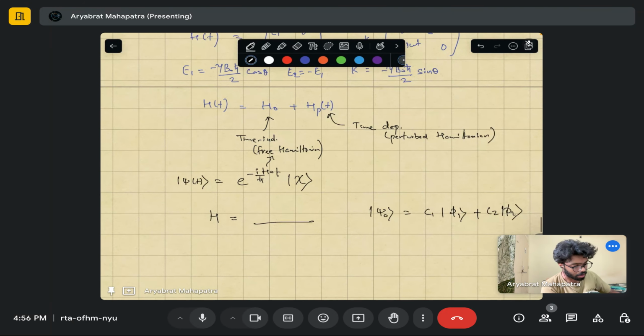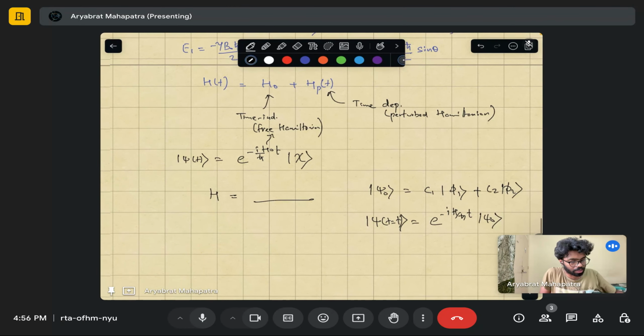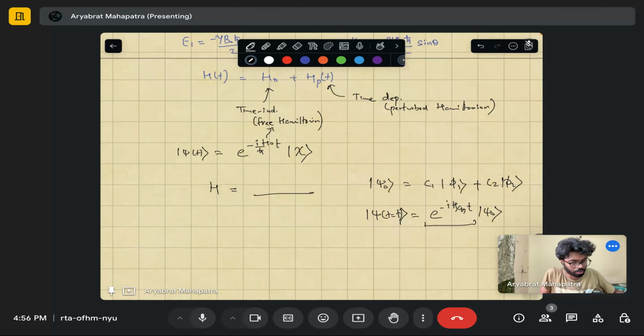Then to evolve this, we used to operate with minus i H over h bar t on psi 0, to get psi at time t. This is very fine and allowed when you are dealing with time independent Hamiltonians, because this is the main thing, the evolution operator.